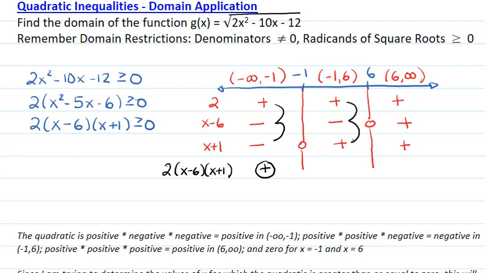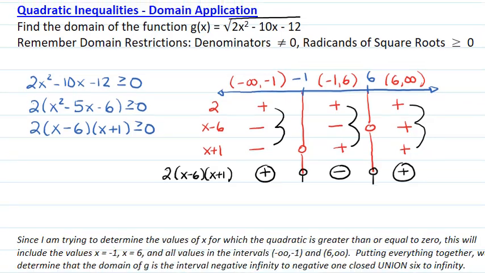Positive times positive in the interval negative 1 to 6, that gives me a negative answer, and positive times positive that gives me a positive in the interval 6 to infinity. It is also equal to 0 when x is equal to negative 1 and x is equal to 6.